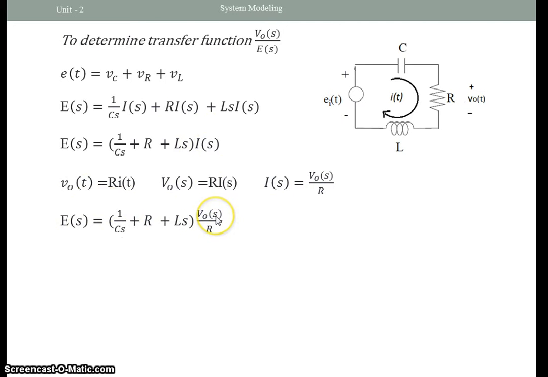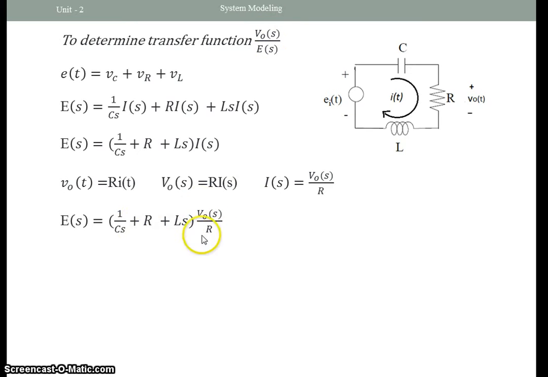Now we were able to eliminate I of s, and we have introduced the variable V out, which is what we would like to have in our transfer function. So we have R in the denominator.